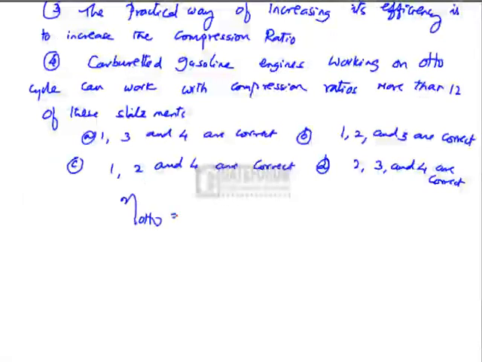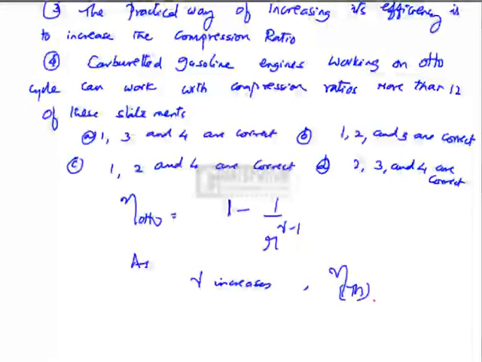Thermal efficiency of Otto cycle is 1 minus 1 by r to the power of gamma minus 1. As gamma increases, thermal efficiency of Otto cycle also increases. That is, the second statement is also correct.